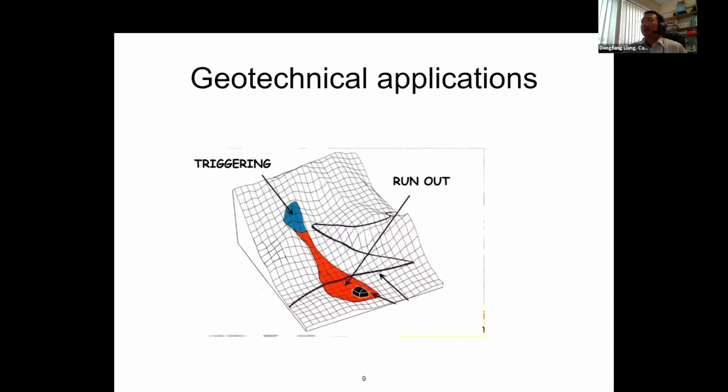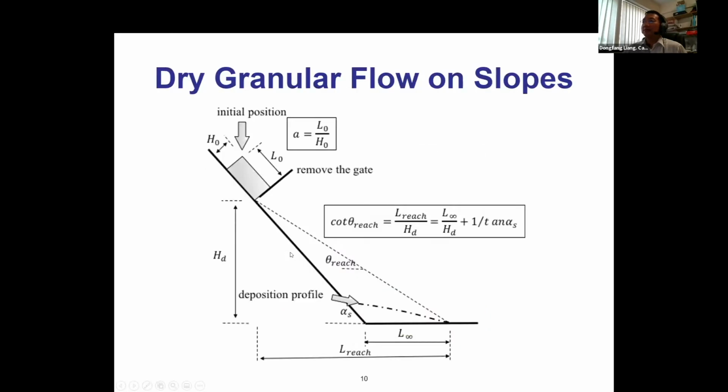The next application of SPH simulation in the context of landslides is to do parametric studies to find out how the runout distance is related to different properties of the landslide. This is the idealized setup of the simulation.